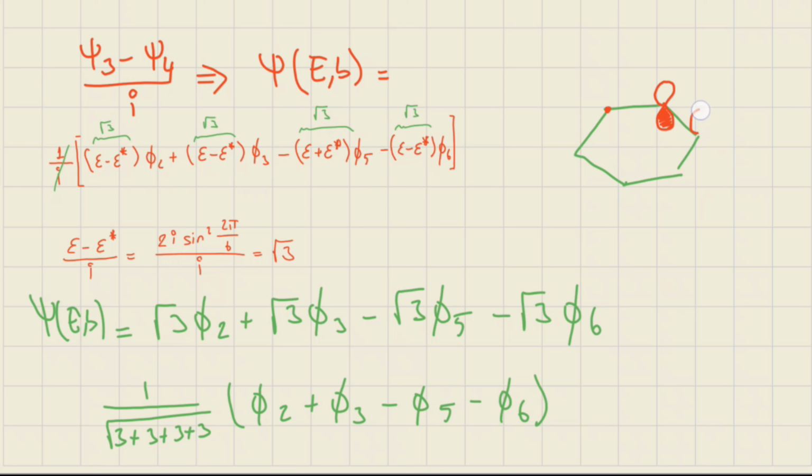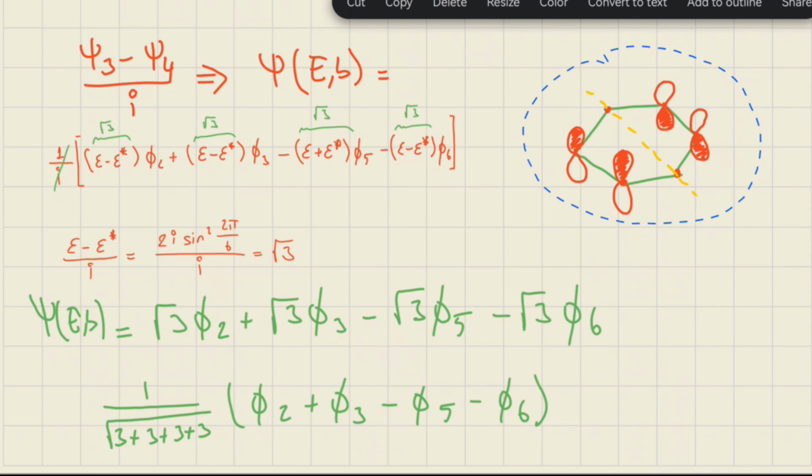And I have positive phi 3. This is the phi 3. 4 is empty. 5 is negative. And 6 is also negative. So we have a node. And this is our representation for the other molecular orbital.